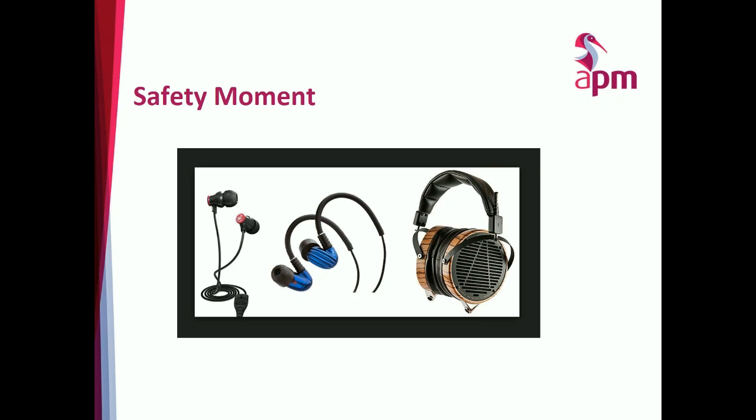If you're going to use speaker systems or head systems, always, wherever you can, use the ones on the right-hand side, i.e. the sort that sits outside the ear canal rather than inside the ear canal. Depending on your age range, this is either a safety moment for you, or maybe it's your children, or perhaps in some cases your grandchildren. It is a creeping hearing loss that is the real problem for the future.